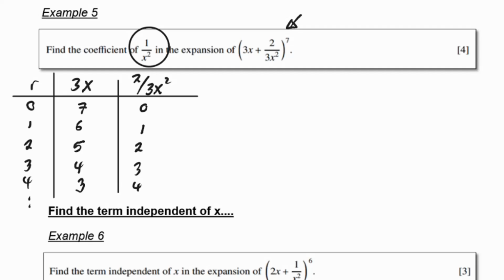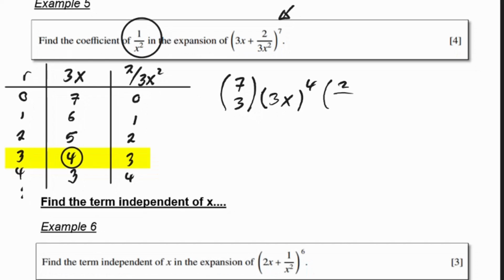And you're going to find that this particular set of powers should do the magic for us, because that's going to lead us to having 7 choose 3, and that's of 3x, 2 over 3x squared, and that's to the power of 3. So we have a power of 3 here.